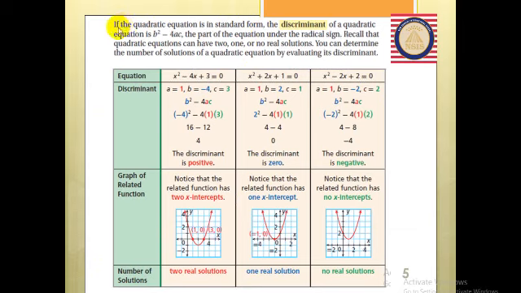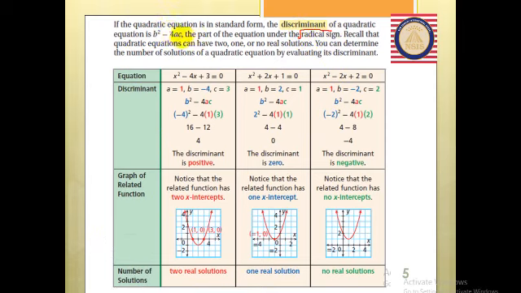So I told you that if the quadratic equation is in standard form, what we said about the discriminant is the part which is under the square root or under the radical sign. Radical sign is the square root.